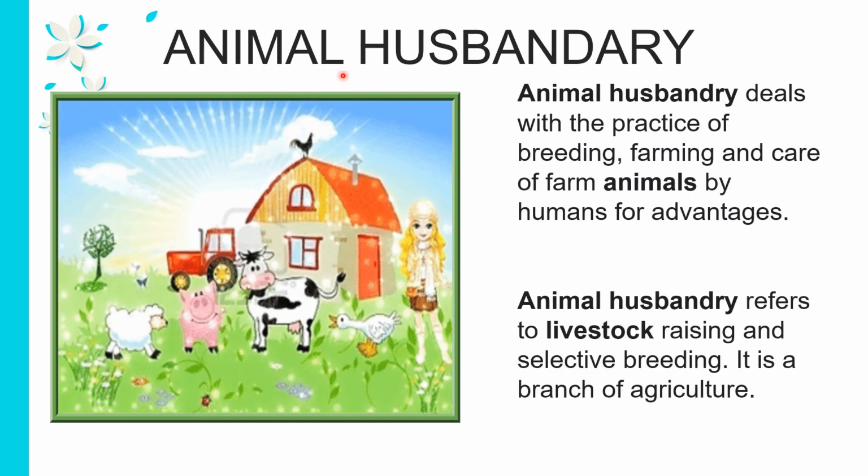Coming to the last part of the lesson, it is animal husbandry. So, apart from growing crops, farmers generally raise several animals which help them in several ways, both in performing their agriculture as well as in monetary benefit by giving animal products like meat, milk, egg, etc. So animal husbandry is nothing but a practice of breeding, farming and taking care of farm animals which are going to give humans a lot of advantages.